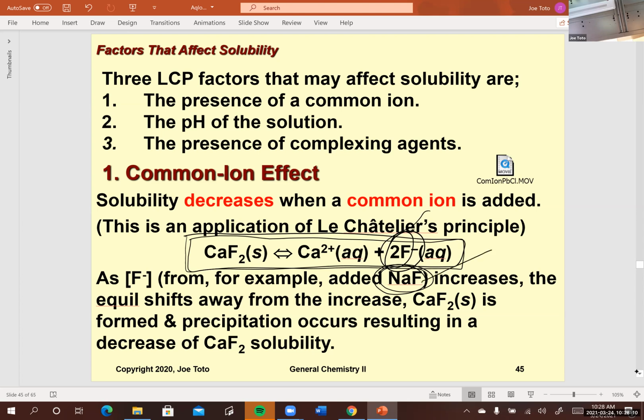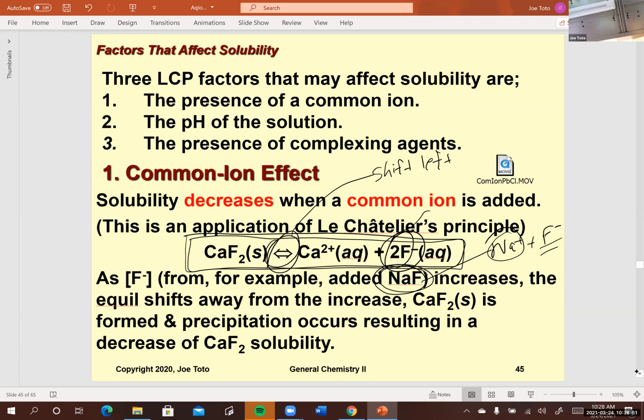Because Na plus F minus, this is a spectator. This I recognize as an ion that's common to this equilibrium. So Le Chatelier's principle says, oh my, there's too much. The stress is there's too much F minus, too much product. So you said shifts left. And shifting left is going to cause calcium fluoride to form, not break up, form.